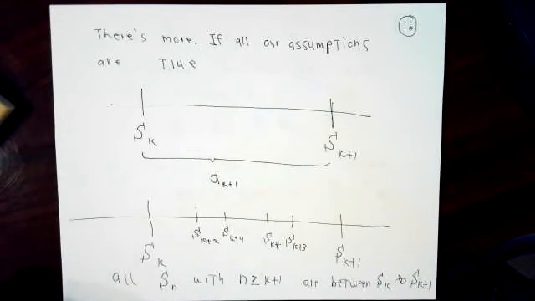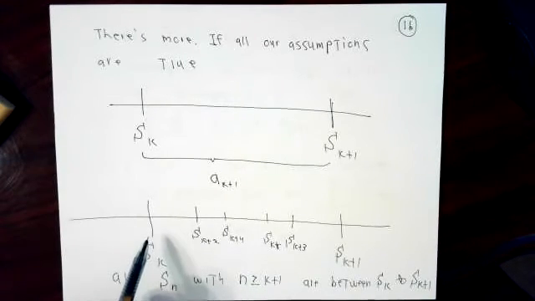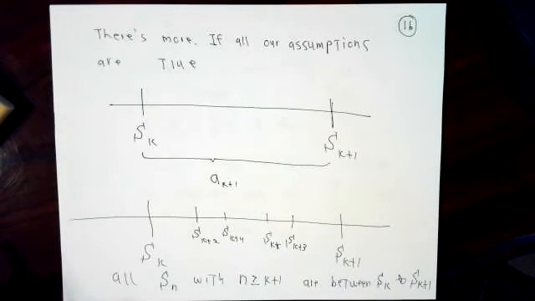When you calculate S_{k+3}, you'll add a_{k+3}, so you'll move a_{k+3} units of distance to the right, which isn't as big as a_{k+2}, so you don't end up back at the far right again, and so on and so forth. If I calculate S_k, all the S_n with n at least k plus 1 are going to be trapped between S_k and S_{k+1}. But the distance between S_k and S_{k+1}, you'll remember, is a_{k+1}.